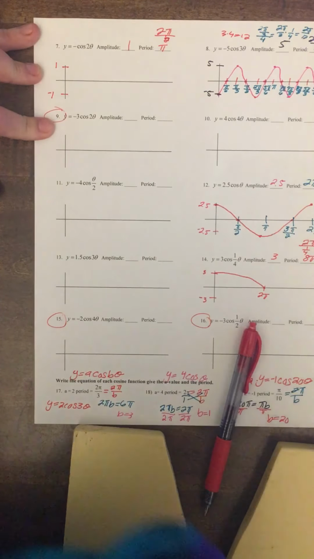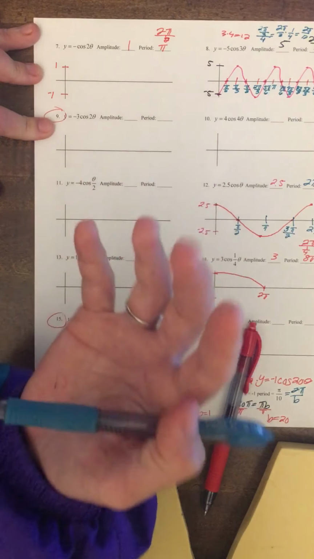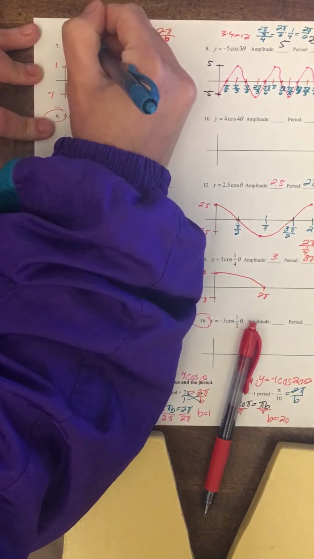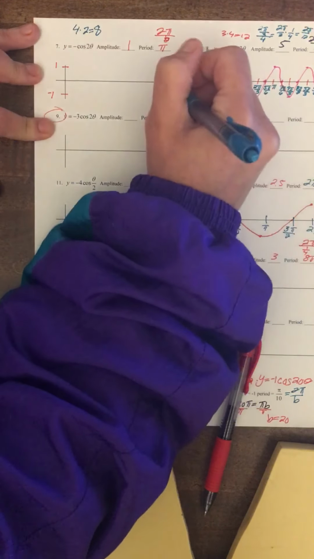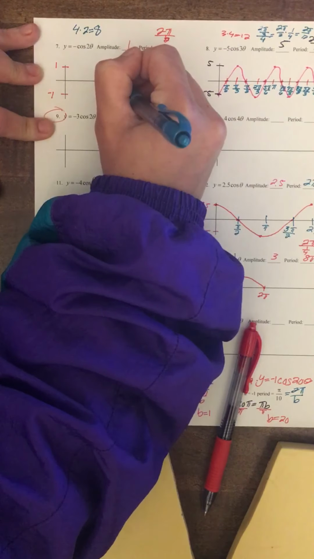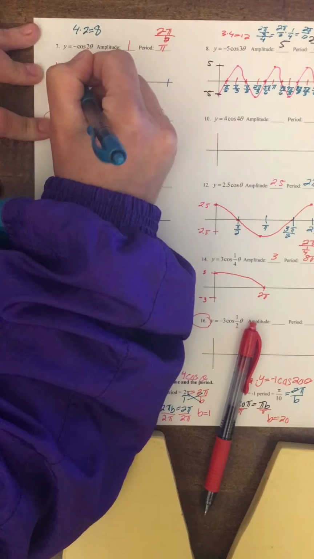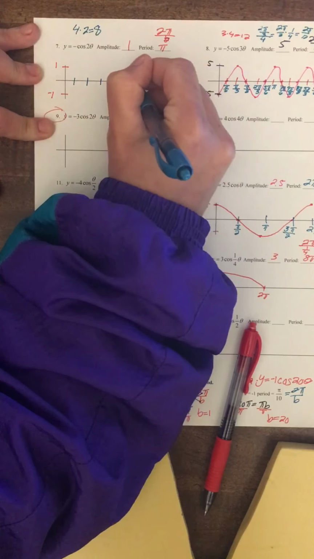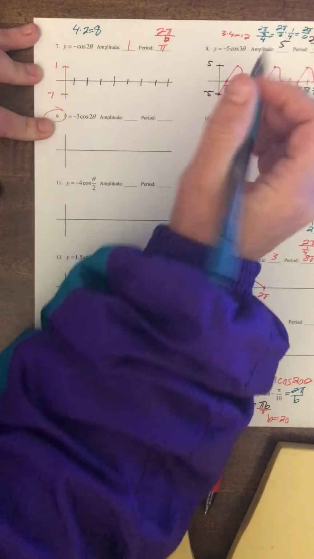And since we're having 2 cycles, and remember we divide each cycle into 4 parts, so that's 4 times 2, so 2 cycles, 4 parts apiece, that's 8 parts. So we're going to have to divide this up into 8 equal parts. So there we have 1, 2, 3, 4, 5, 6, 7, 8 equal parts.